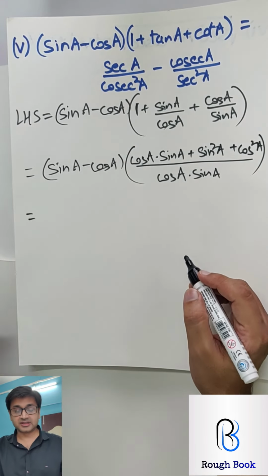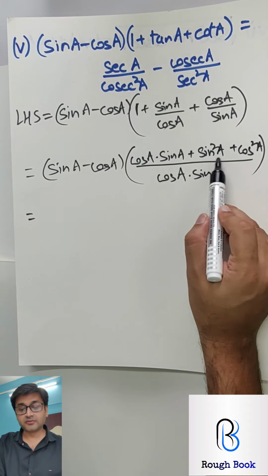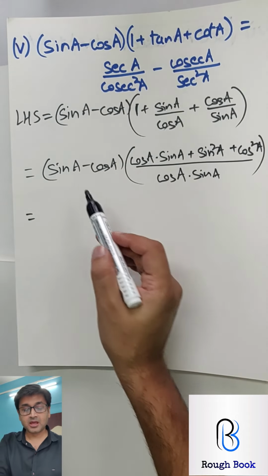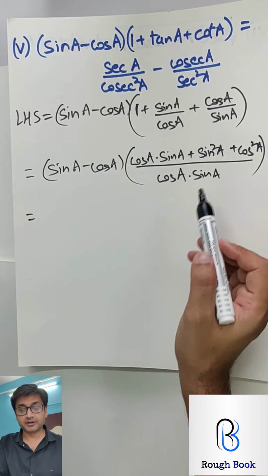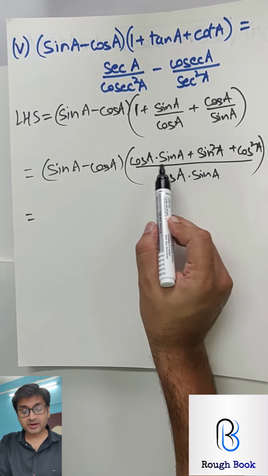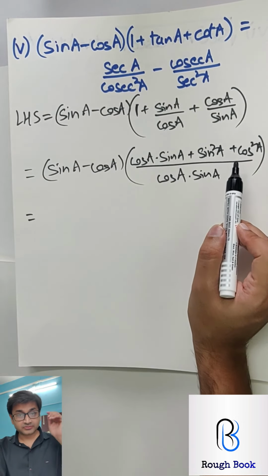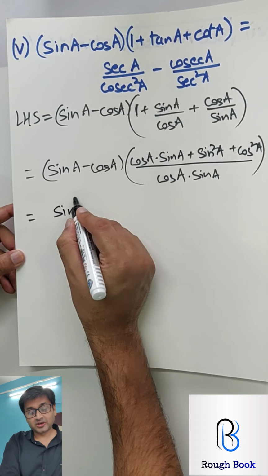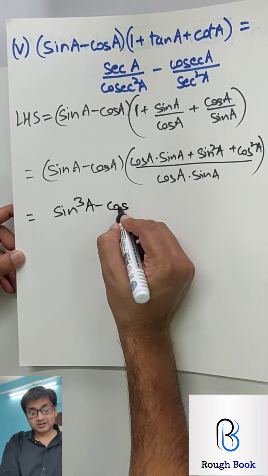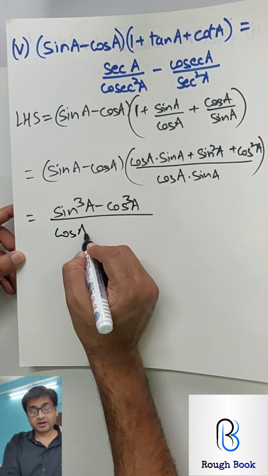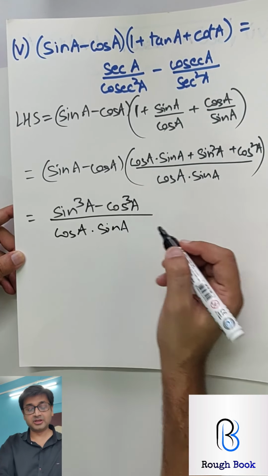If you notice now, you can convert the sin square plus cos square as 1, but don't do that. Why? If you notice this entire numerator, it is A minus B, A square plus AB plus B square. Any bell in your head? Anybody? Okay. Yes, it is nothing else but the formula for A cube minus B cube.